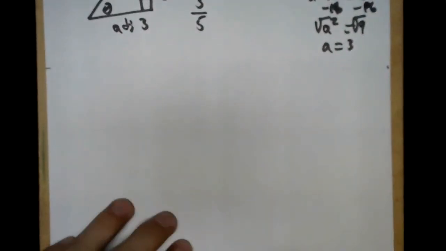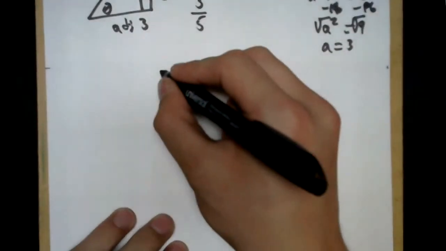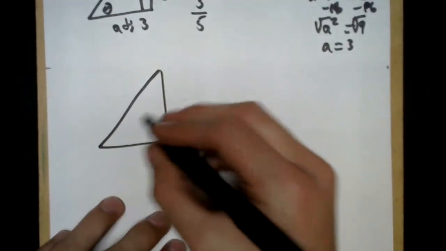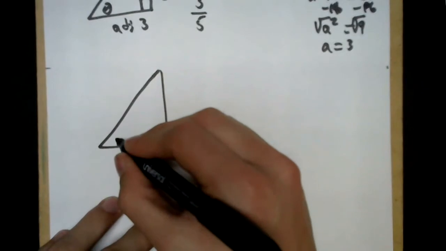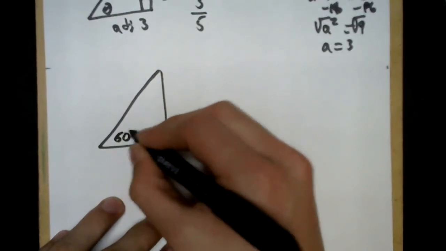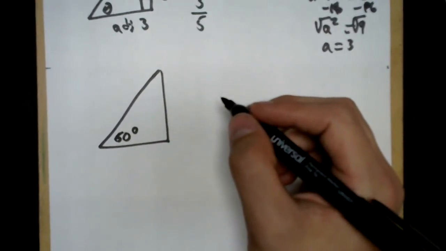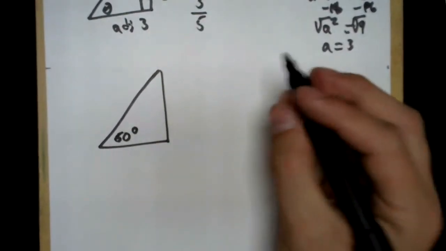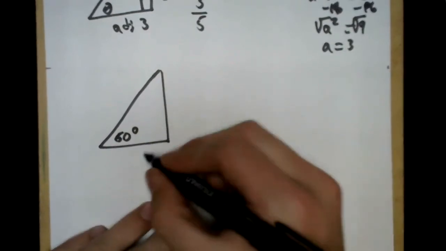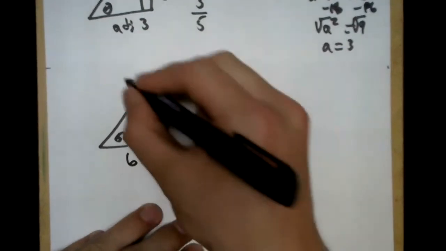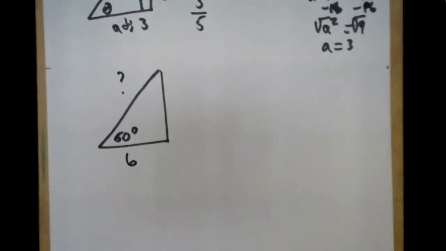Moving on, we'll find a side given that you have, we'll say, a 50-degree angle, and they give you, we'll say this is 6, you have to find that.